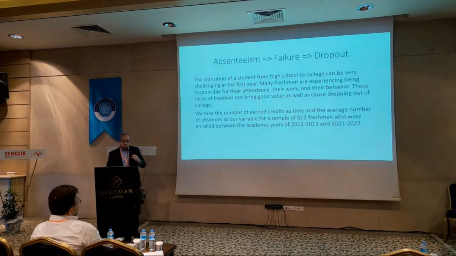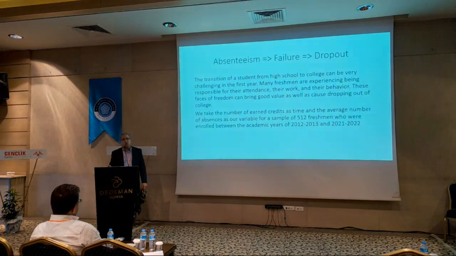So we used the number of credits earned as the time. So at a first glance, it doesn't make sense. You tell me, so where is time here? Because normally Hurst exponent deals with the time series. So where is time? So time is like the number of earned credits. So that's time. So we ranked them from lowest to highest according to the number of earned credits.